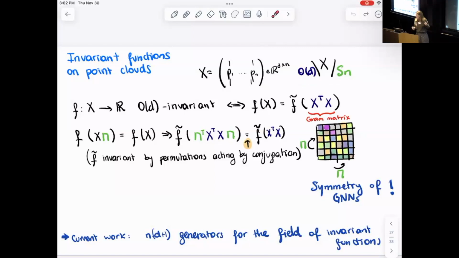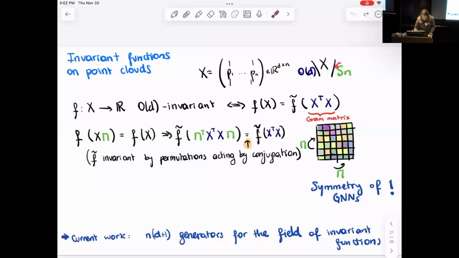And so we know from what we discussed before with the invariant functions that a function is invariant with respect to this part of the group action if and only if it's a function of the Gram matrix, right? The matrix of inner products. That was the first thing that we discussed.